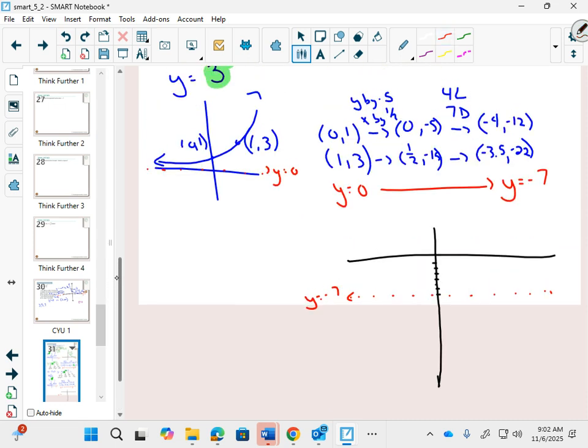Then I'm going to plot my points. I have a point at -4, -12. I'm going to just sort of estimate. -4, -12. And -3.5, -22. Towards the asymptote, that would look like this.